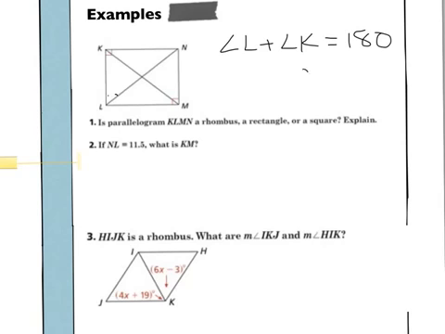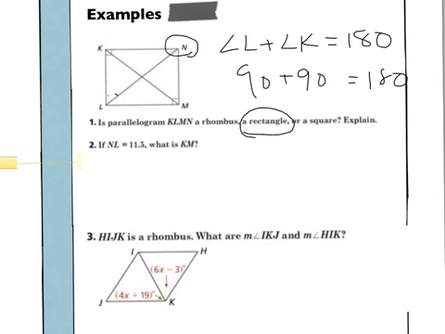So if K is 90, then L has to be 90. That means that we have 3 right angles, and the same thing is true about N. So now we've got 4 right angles, so this definitely has to be a rectangle. It has to be a rectangle because we have 4 right angles. Okay? We can't say it's a square because we don't know anything about the diagonals right now. They didn't tell us anything, so that's all we can say.